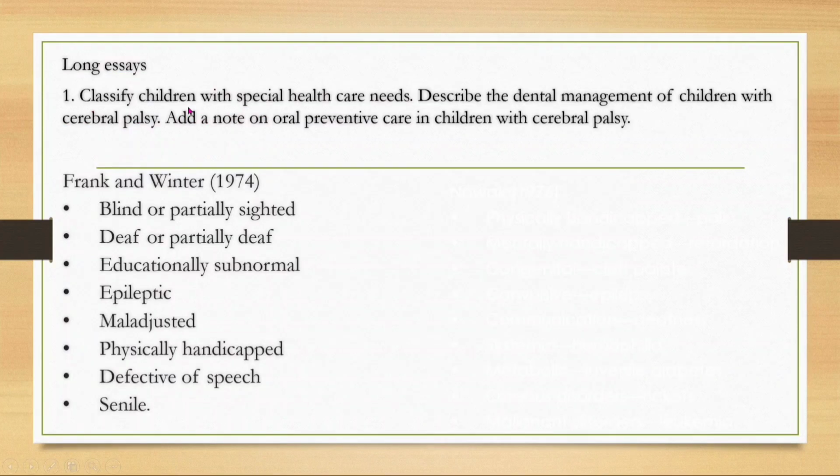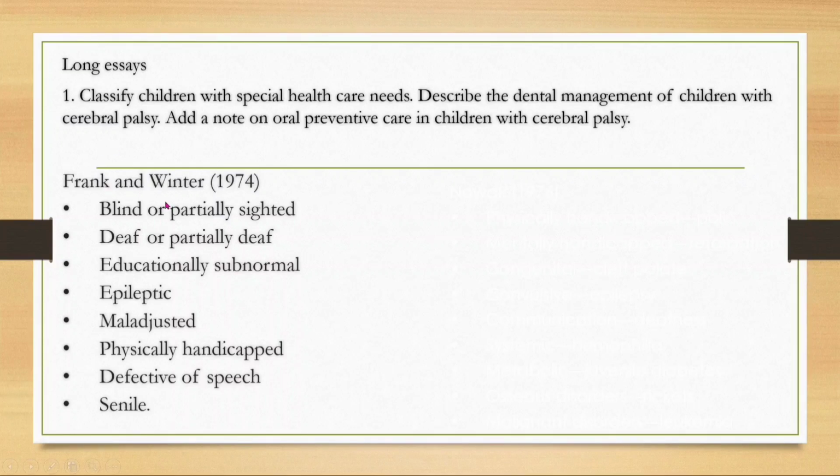So next we have a long essay, that is children with special healthcare needs and their dental management, with that is children with cerebral palsy, and add a small note on oral preventive care of the cerebral palsy children.